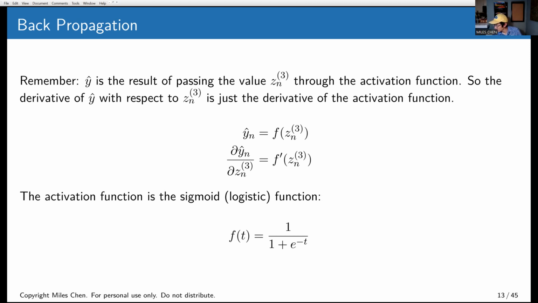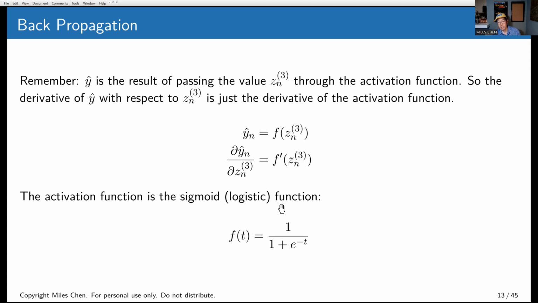Okay, y hat is the result of passing Zn3 through the activation function, okay? So the derivative of y hat with respect to Zn3 is just going to be the derivative of the activation function. If y hat is f applied to Zn3, the derivative is f prime of Zn3, okay?